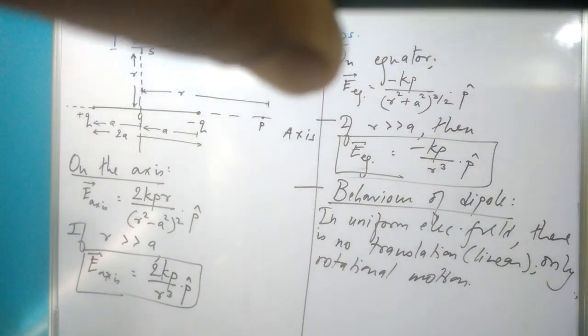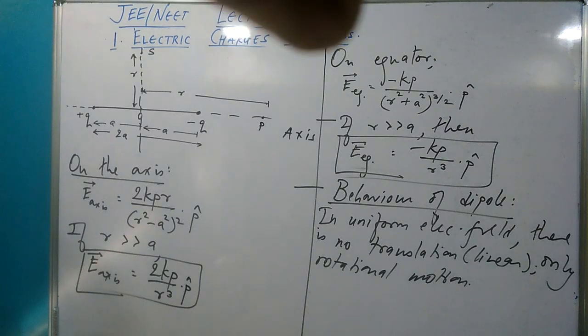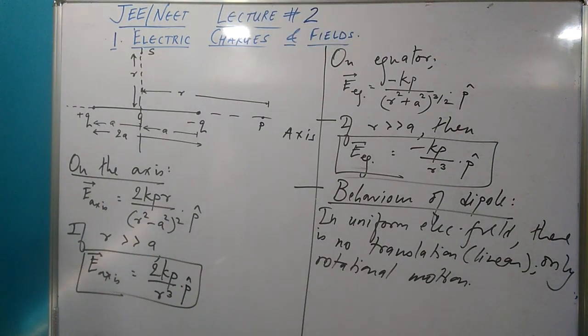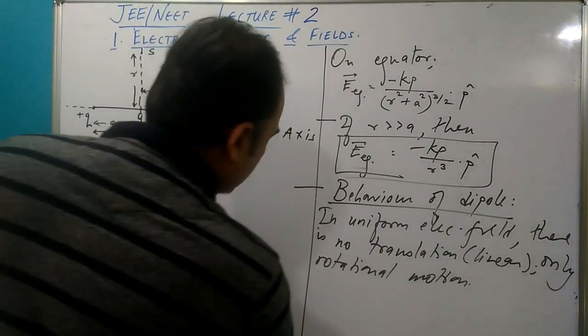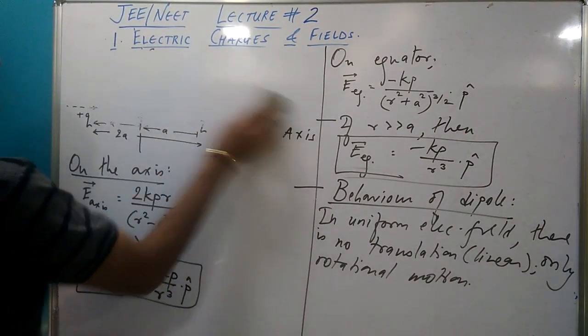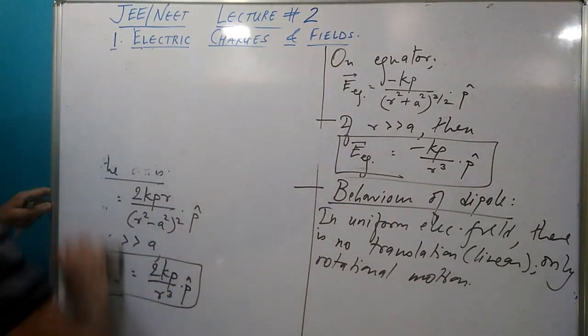The magnitude of this torque, tau bar, is PE sine theta. So, suppose somebody would ask me, what is the torque?